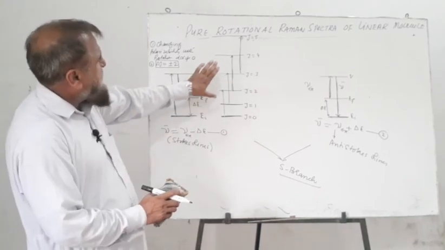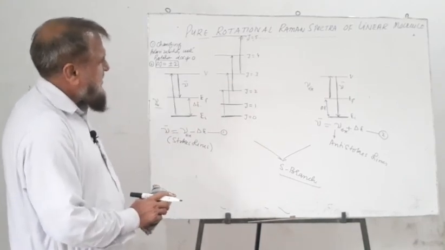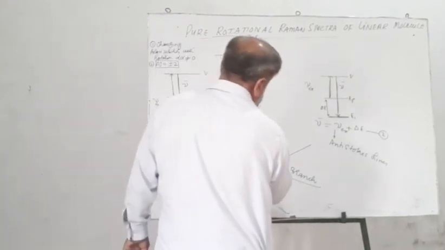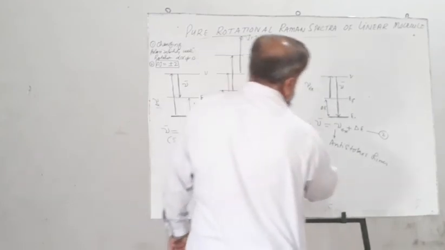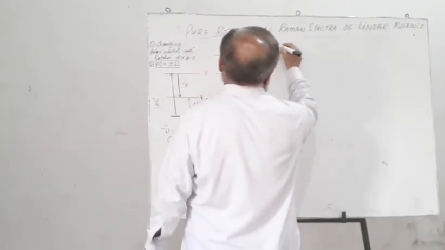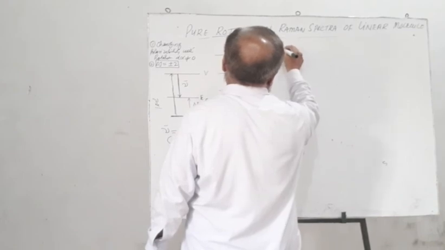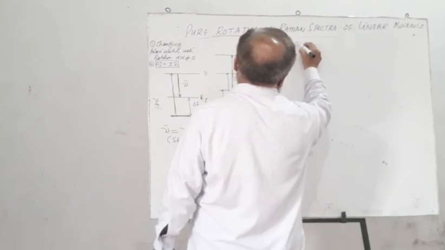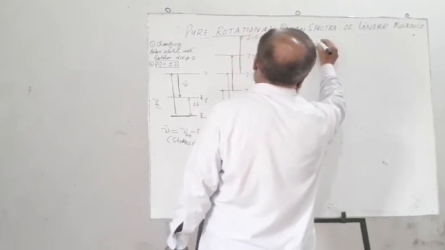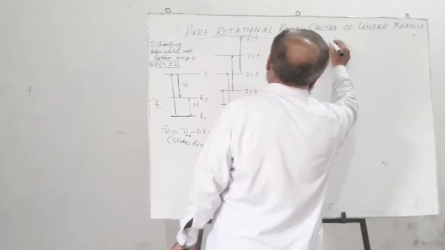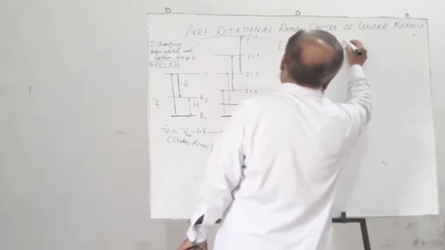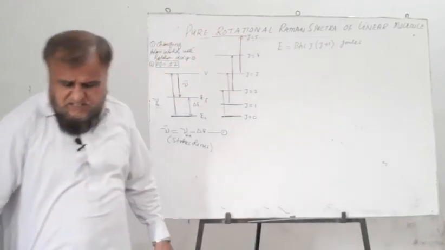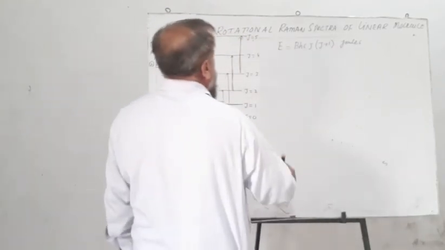Now these quantum numbers represent the rotational energy levels, and the rotational energy levels are represented by a formula. The energy of these rotational levels is represented by E is equal to BhcJ(J plus 1) in joules.